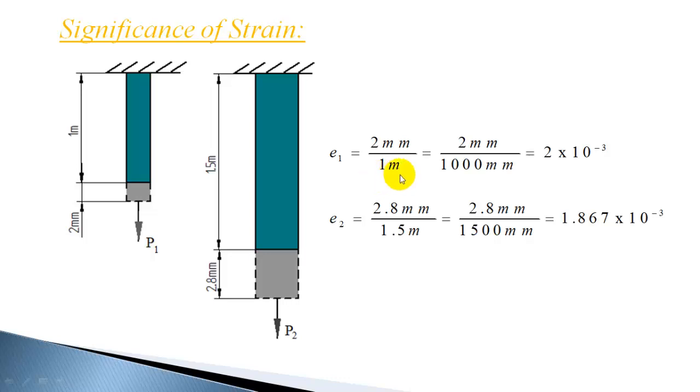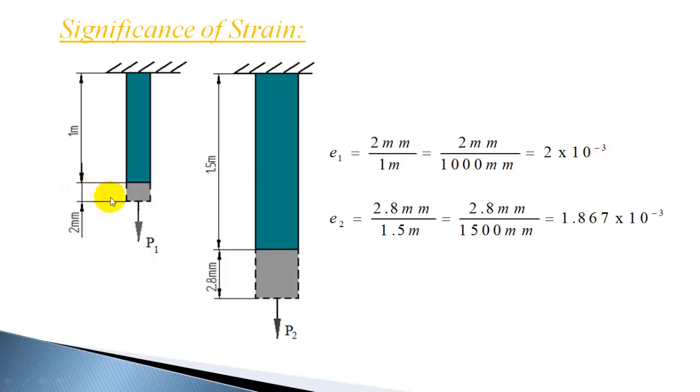So you need to convert into the same units before cancelling the units. 1 meter is 1000 mm, so it is 2 mm divided by 1000 mm, or 2 into 10 raised to minus 3. The mm cancels, and you get the strain in the first bar as 2 into 10 raised to minus 3.